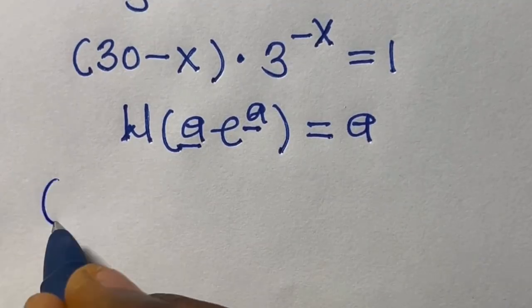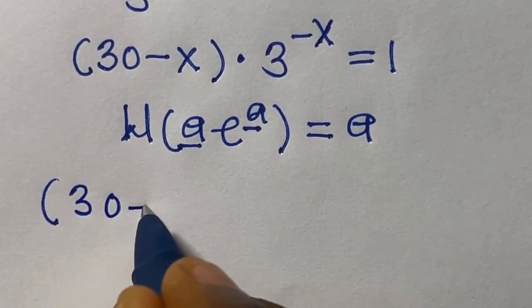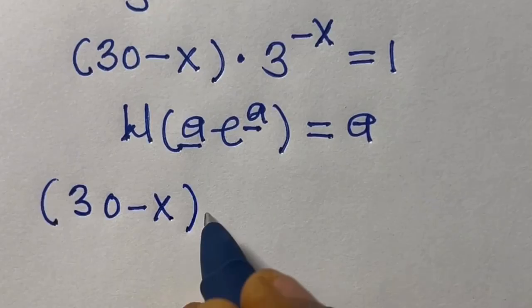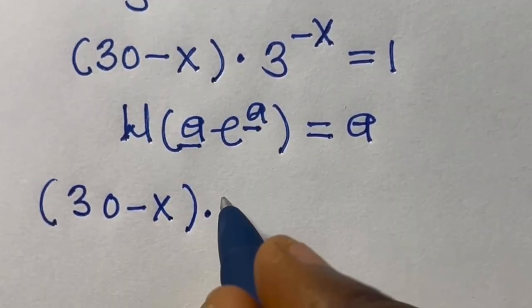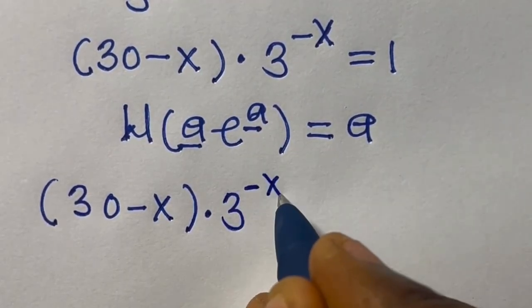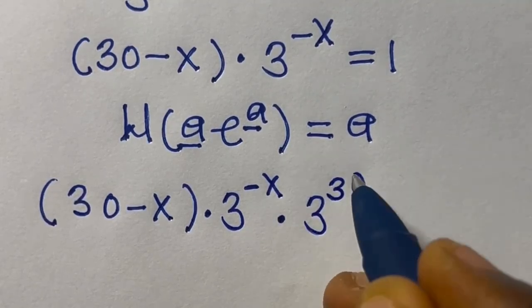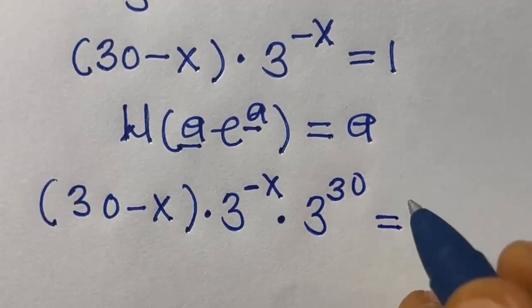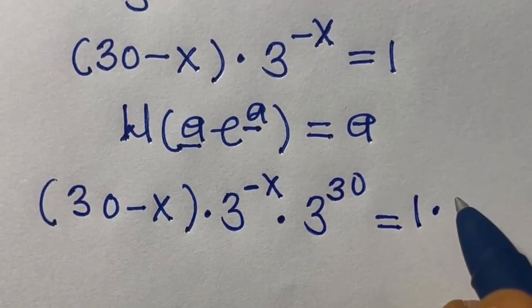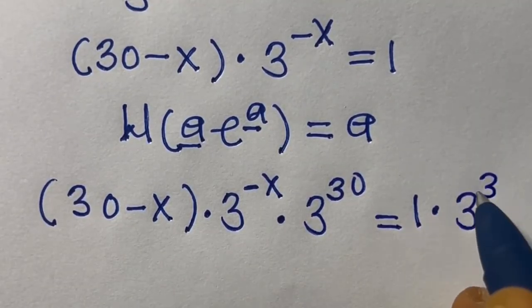So we have 30 minus x multiplied by 2 raised to power minus x. So now let's multiply this side by 3 raised to power 30. Alright, so equals, we have 1, then multiply the other side by 2 raised to power 30.